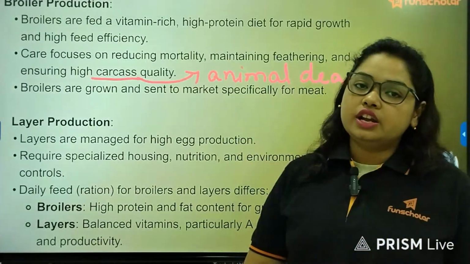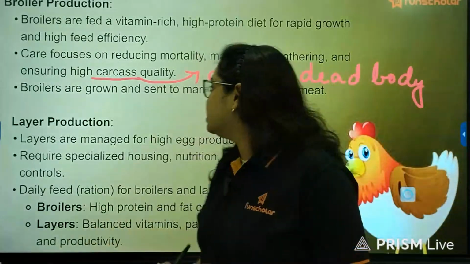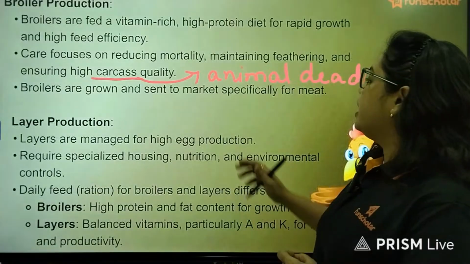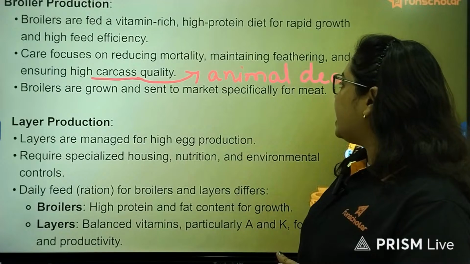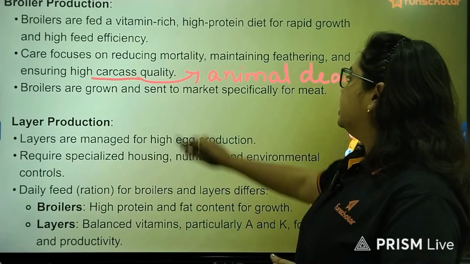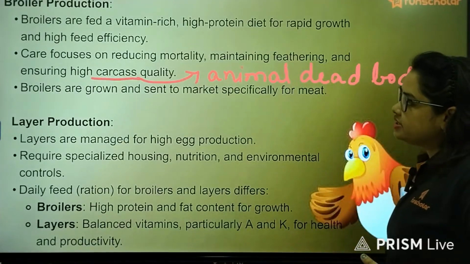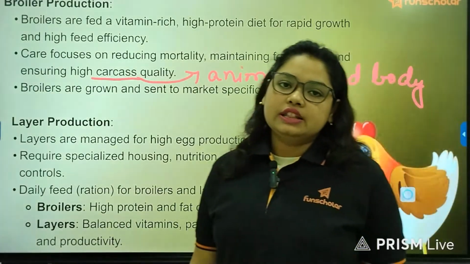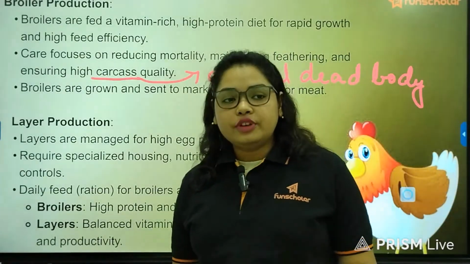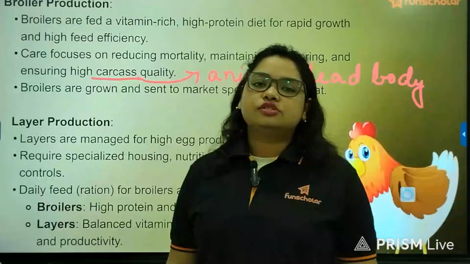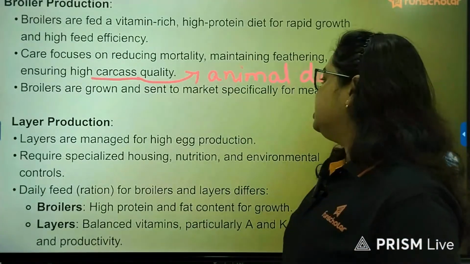So the feather quality is also necessary, which will protect them from environmental stress, and that should be maintained. And obviously if we take care of the feed, that will directly impact the carcass quality. If the feed is rich in protein and vitamins, the carcass will also be rich in vitamins and protein, and when we feed on that, we can also obtain that protein and vitamin from that meat.